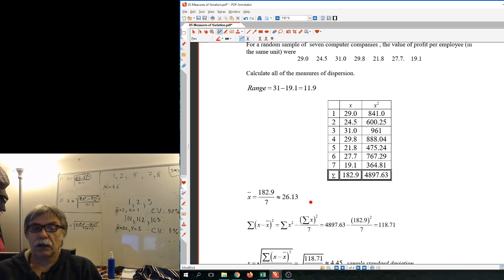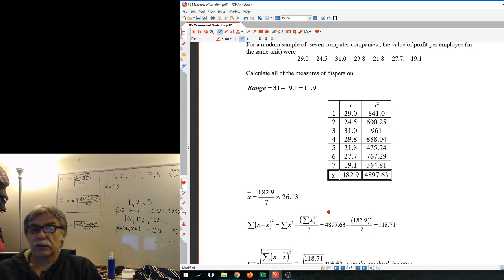I can easily calculate, maybe not so easily, but with the help of a calculator, the mean of the sample. So I'm itemizing all of those. I'm adding them. I get 182.9. I have to divide it by 7, and I end up with approximately $26,130. So again, this is in thousands of dollars.